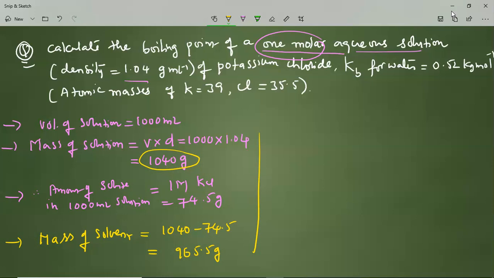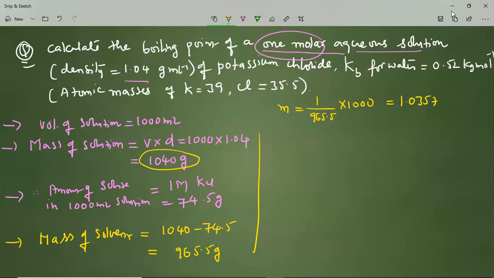Molality is equal to the number of moles of solute, which is 1, by the weight of solvent in grams, 965.5, into 1000. That I got is 1.0357.